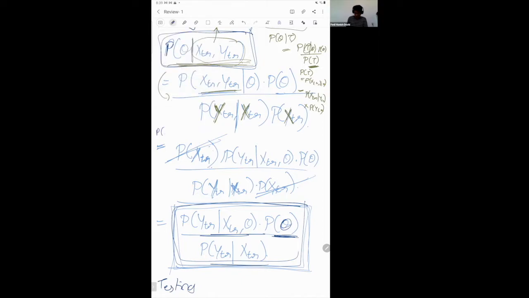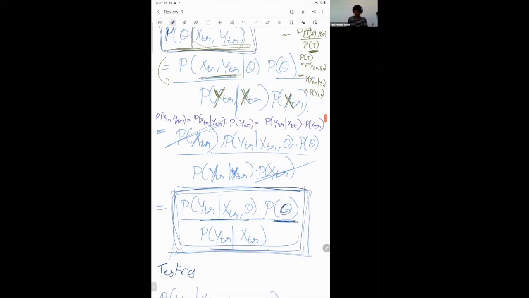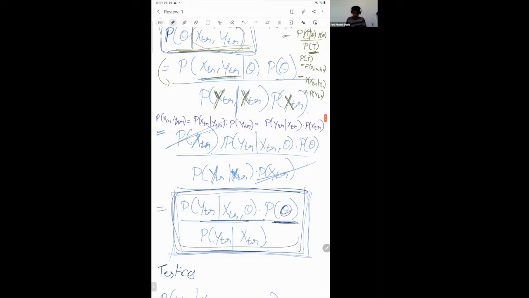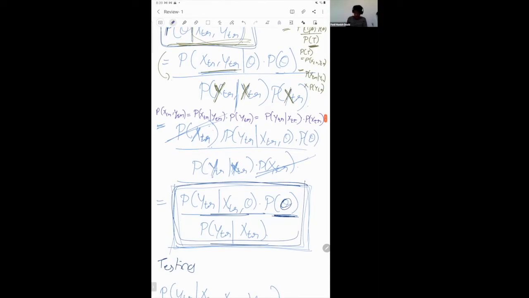So probability of X train, Y train is equal to probability of X train given Y train times probability of Y train, and this is the same as probability of Y train given X train times probability of X train. I hope you know this. Then once I break it down in this way, I'm also breaking this down.